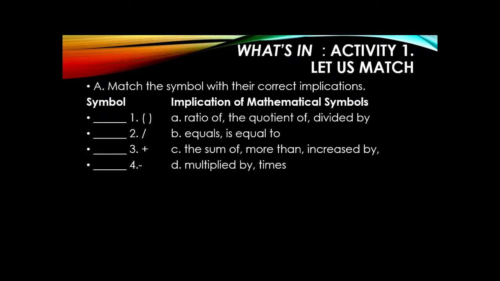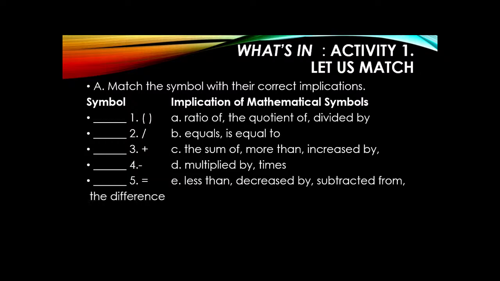So ito ang ating symbol, column sa symbol, sa kabila o sa pikas, mao ang implication of mathematical symbol. Okay, number 1. So yung quantity natin, parentheses. Asa man ang implication na sa mathematical symbol. Okay, number 1 is letter D.